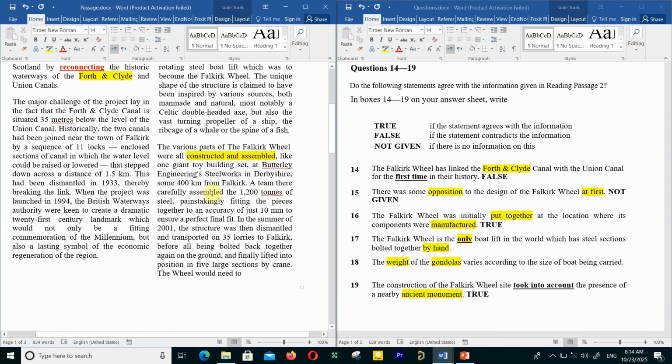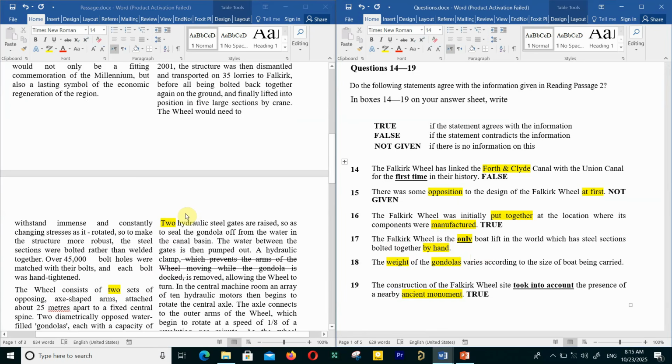A team there carefully assembled 1,200 tons of steel, painstakingly fitting the pieces together to an accuracy of just 10 millimeters to ensure a perfect final fit in the summer of 2008. And maybe we can find something about by hand. I don't know.